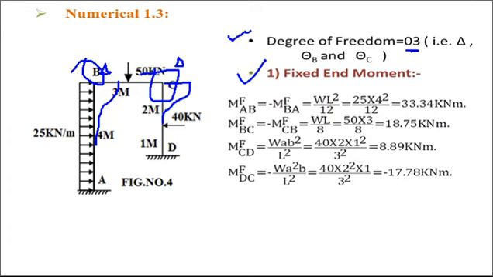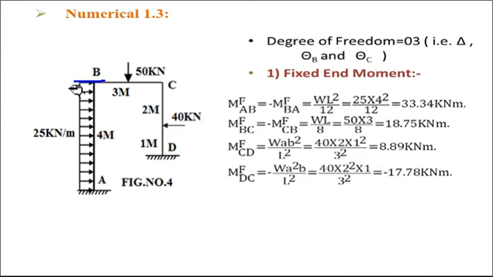Then the next step is to find the fixed end moments. Consider each member as fixed. So consider B as fixed and find the fixed end moment. Now at A, let's consider it is anticlockwise, that means positive, and at B it is clockwise, that means negative.